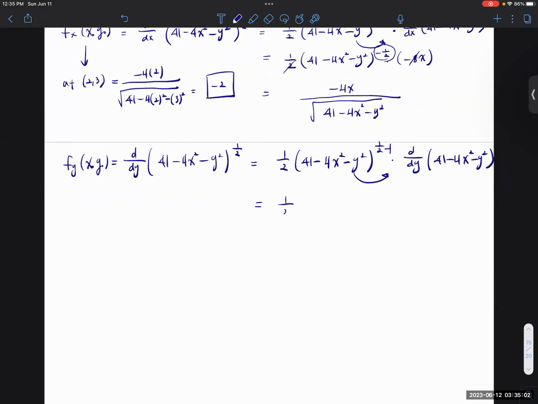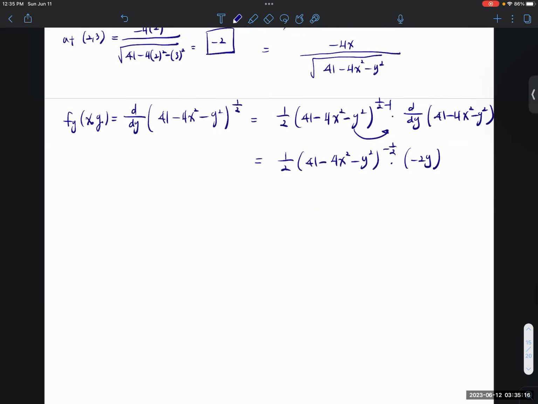That would be 1 over 2, 41 minus 4x squared minus y squared to the negative 1 over 2. The 41 is going to be 0, correct? And then for x squared, that's going to be 0. We have a negative 2y. So the 2 cancels, negative y over radical 41 minus 4x squared minus y squared.